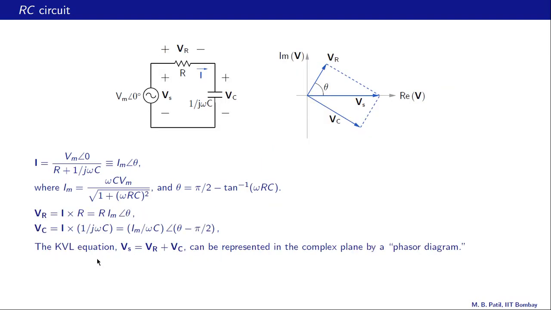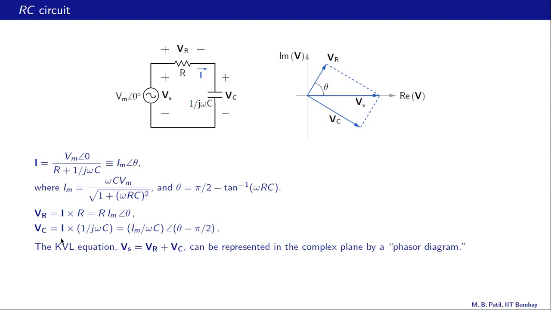Let us draw a phasor diagram to represent the KVL equation in this case, that is Vs equal to Vr plus Vc. What is Vr? I times R, where I is Im angle theta. So therefore Vr is R times Im angle theta. What about Vc?